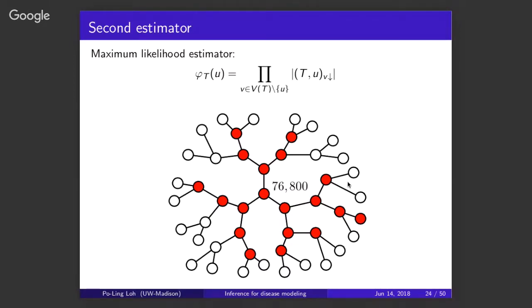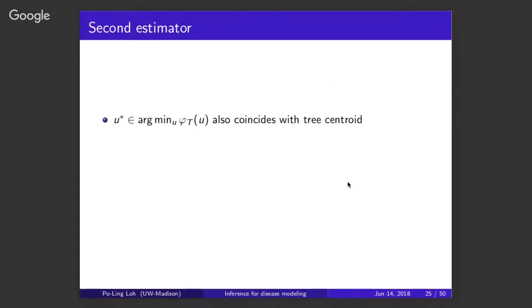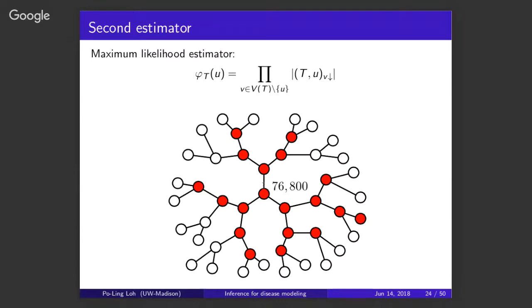But again, the basic idea is we want to calculate this for every node in the graph. And we want to look at the minimum value of that criterion, or the minimum several values. It turns out that if we calculate just the minimum, the one minimum node, then not only is that the maximum likelihood estimator, because that's how we set it up, but it's also going to coincide with the tree centroid of the graph.